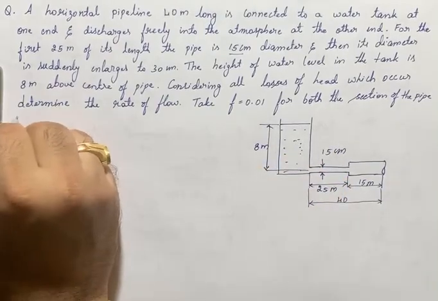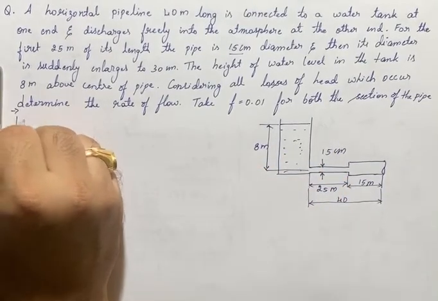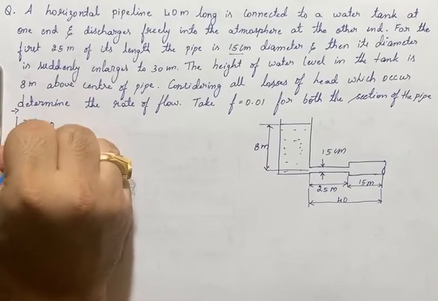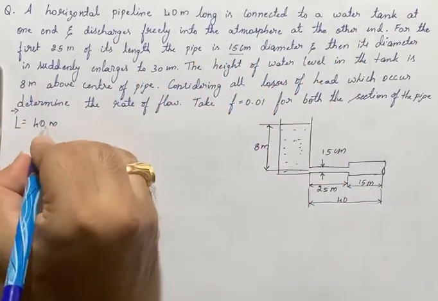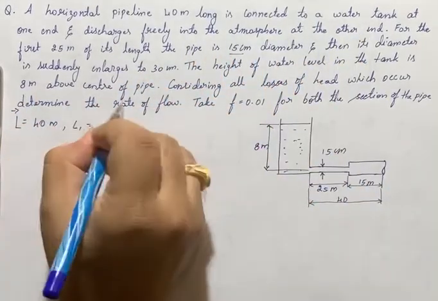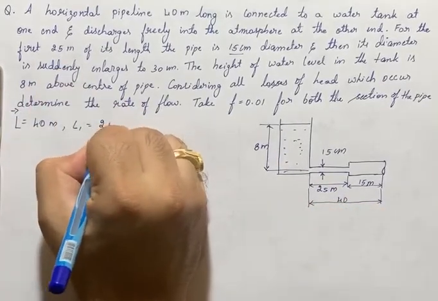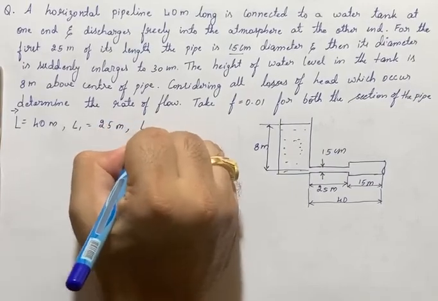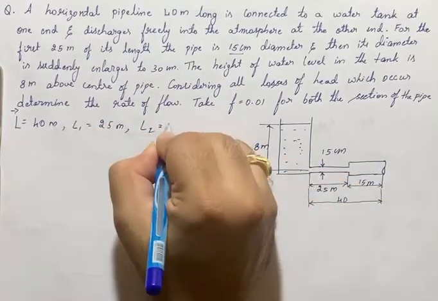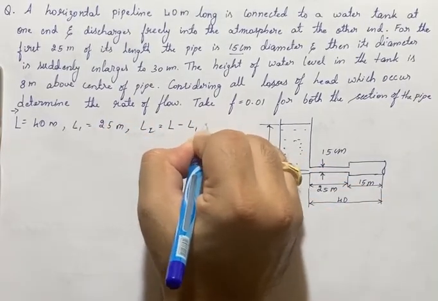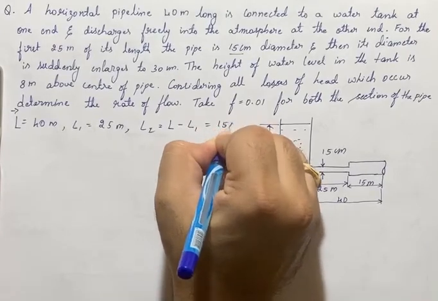That means he has given total length L equals 40 meter connected to a tank, then L1 is the first length of pipe, that is 25 meter, and L2 is nothing but L minus L1, which becomes 15 meter.